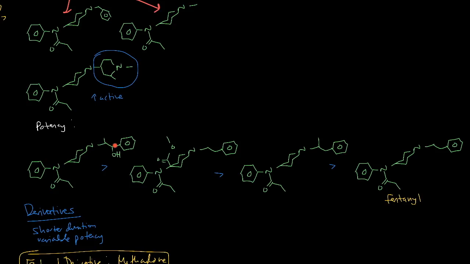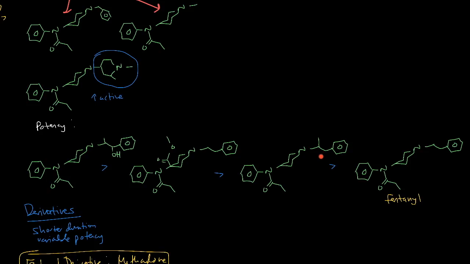This is the most potent, 25,000 times more potent than morphine. You have the ester group here, a double bond O, then an O and a carbon group attached to the piperidine ring. This is less potent than the previous one, but more potent than this one, which is the same as this one except it does not have this hydroxyl group.